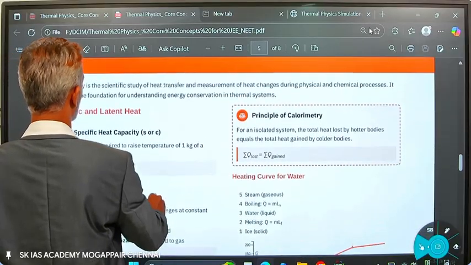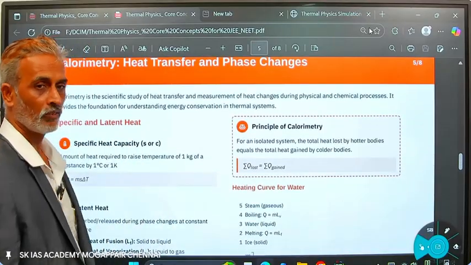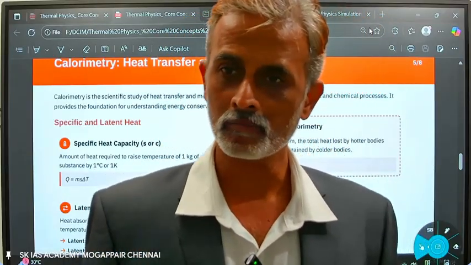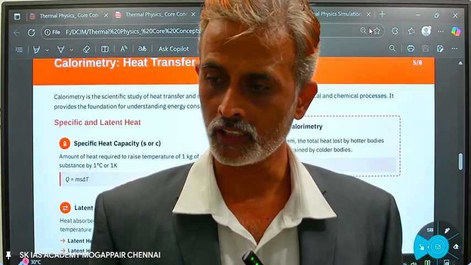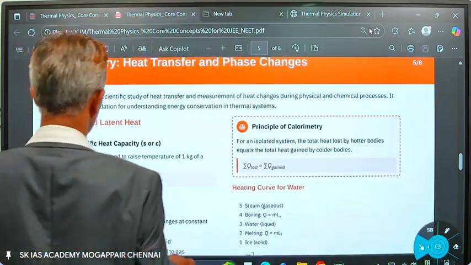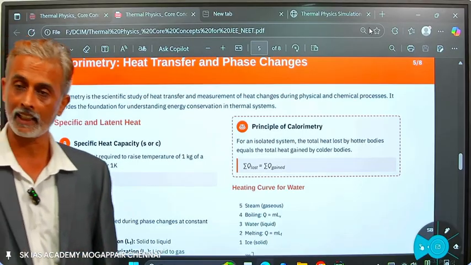Okay. So heat transfer and phase change. One day I also explained what calorimetry is. So today again I am going to do the calorimetry concept. First, try to understand what calorimetry is.